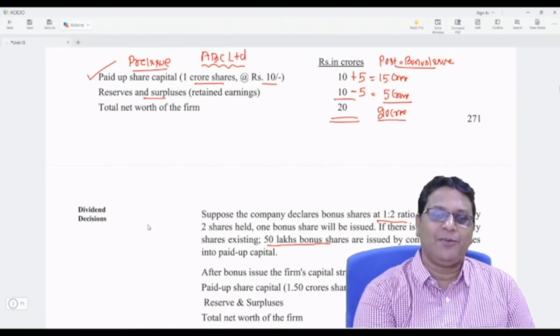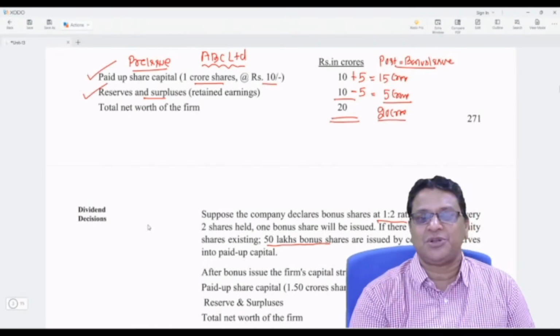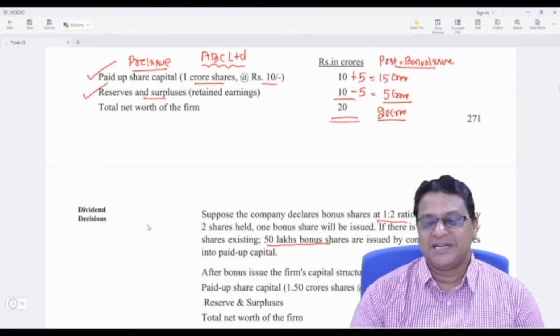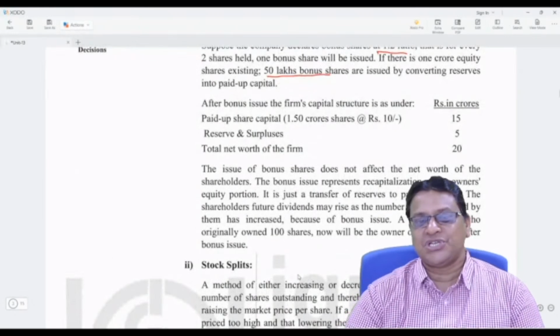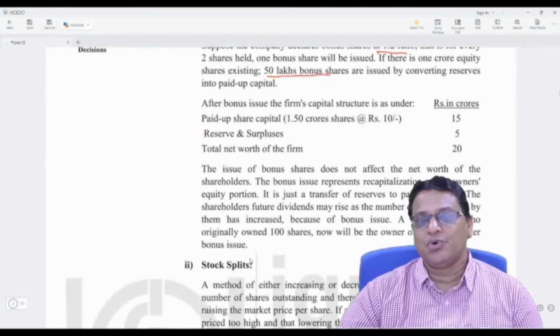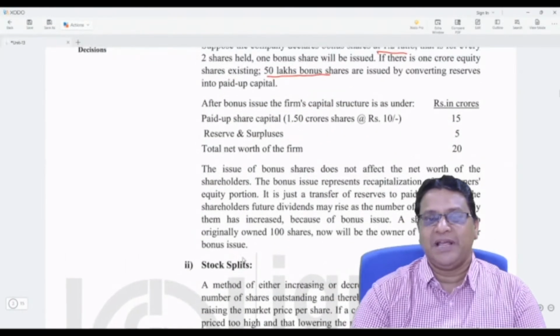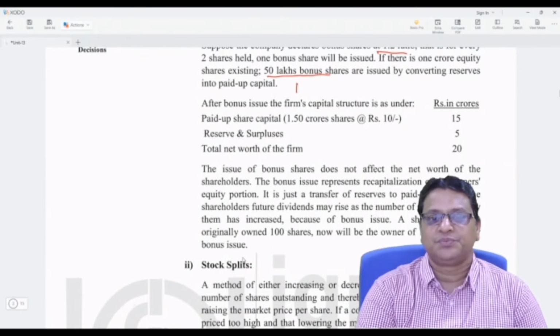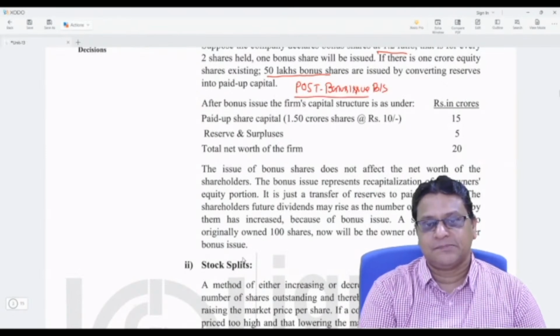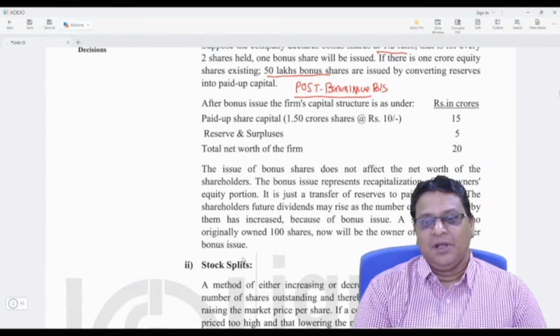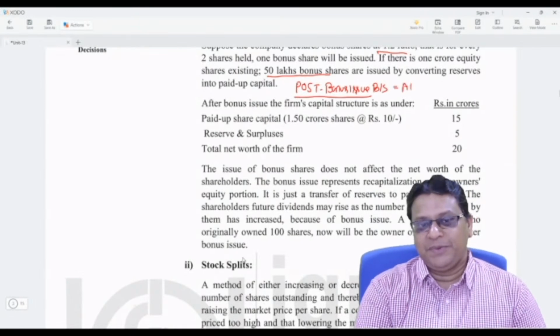Paid up share capital will be 15 crores and reserve and surplus will be 5 crores. Let's look at how the post bonus issue balance sheet of ABC Limited looks.